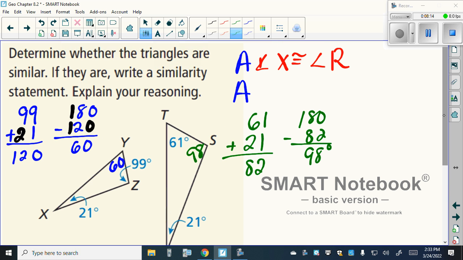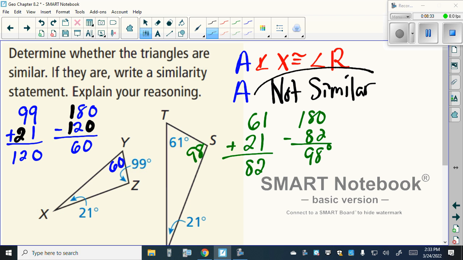So we do still have one set of angles that are congruent, yes? Do we have a second? So can we say these are similar? No, these are not similar, because we don't have two sets of congruent angles.